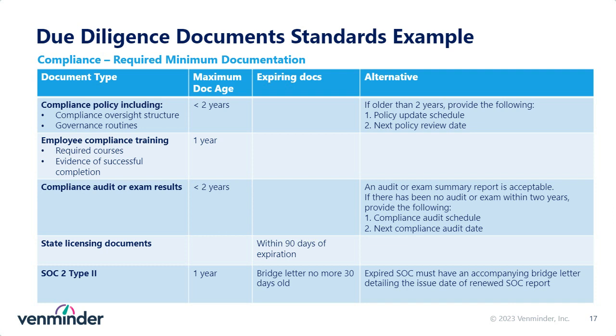They might ask you about what else they can provide if they don't have a certain document, or whether they can submit something even though it's a few years old or about to expire. When you answer all of those questions up front, the vendor won't need to continuously reach out. Anytime you can make the process a little easier for your vendor, they should be more willing and quicker to respond.